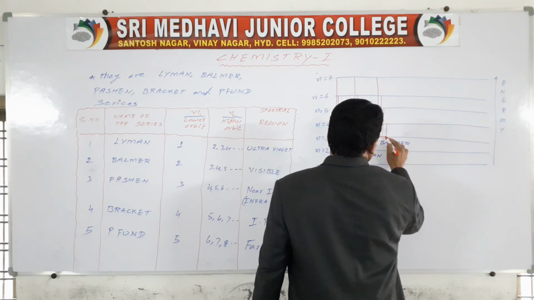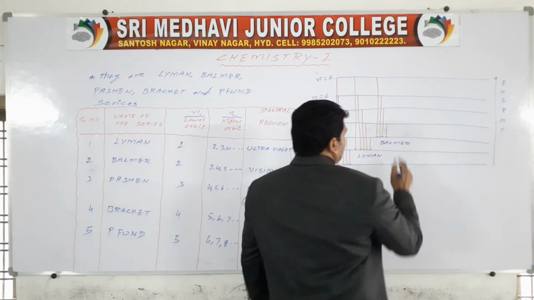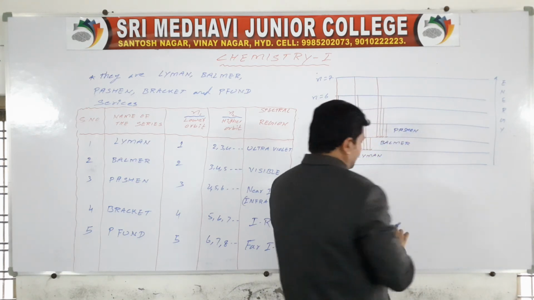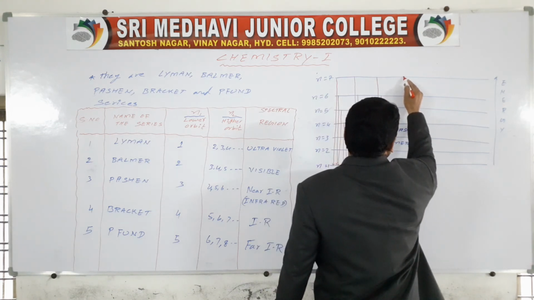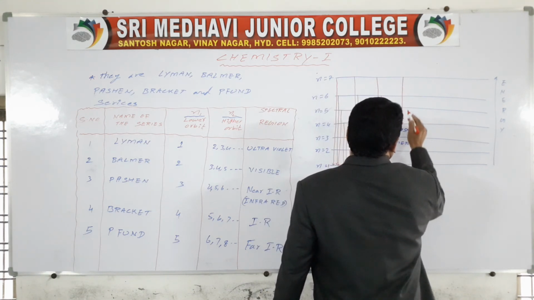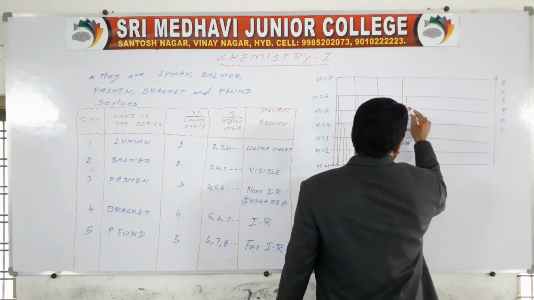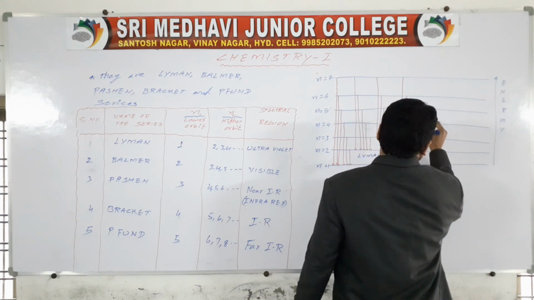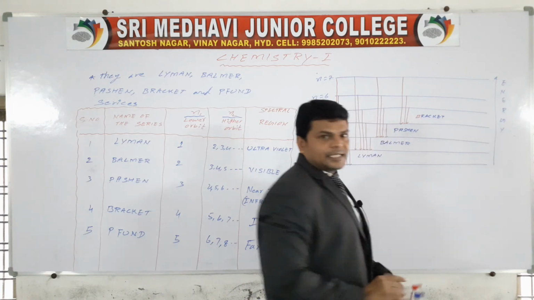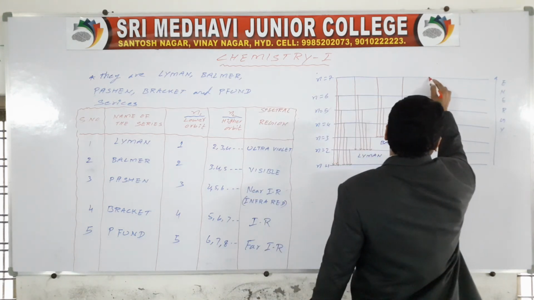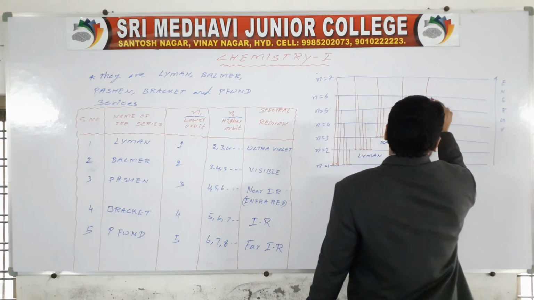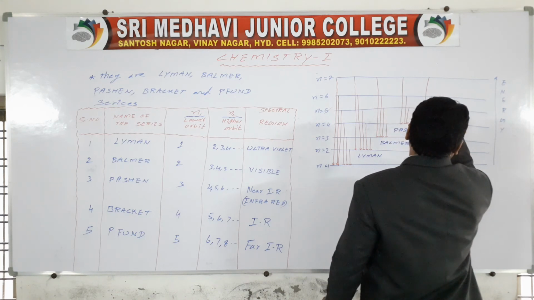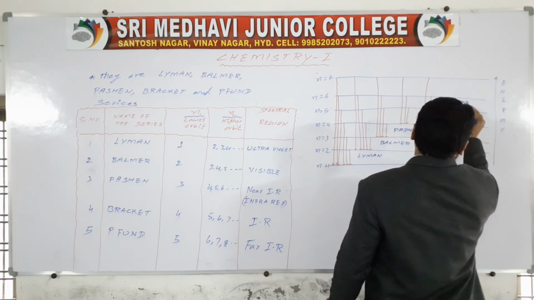Then when the electron jumps from higher orbit to third orbit, the Paschen series is formed. When the electron jumps from higher orbit to fourth orbit, the Brackett series is formed. When the electron jumps from higher orbit to fifth orbit, the Pfund series is formed.